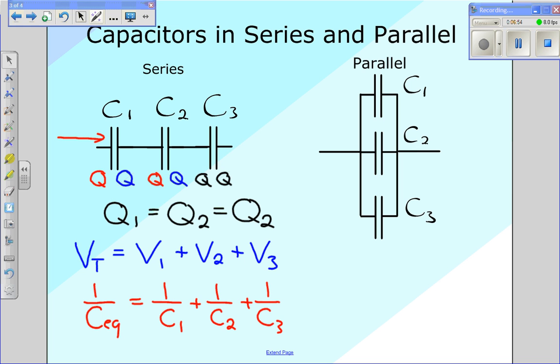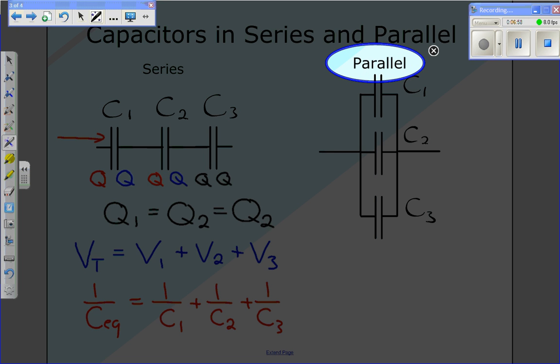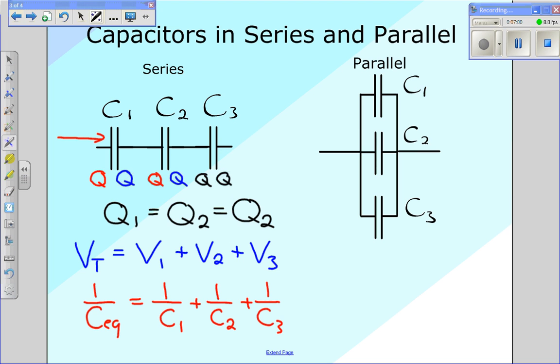Now let's come over here and look at our parallel side for capacitors. If we think about current flowing into the left side here, we see that that current can split and go independently to each and every one of these capacitors.